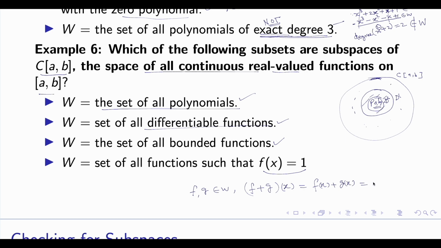So what happened is 1 plus 1, which is 2, not equal to 1, so it does not belong to W. You got the point or not? So this is not going to be a subspace. So anything, as I told you, that is non-zero is not a subspace. Very clearly you can see. You got it.